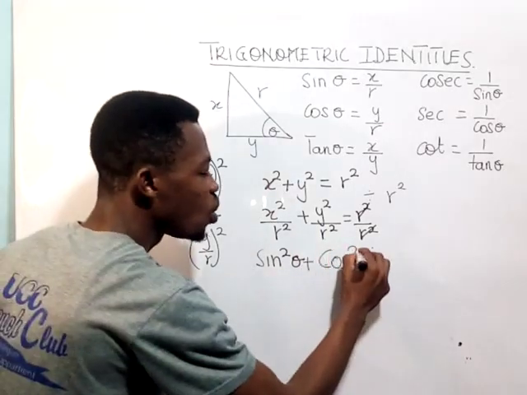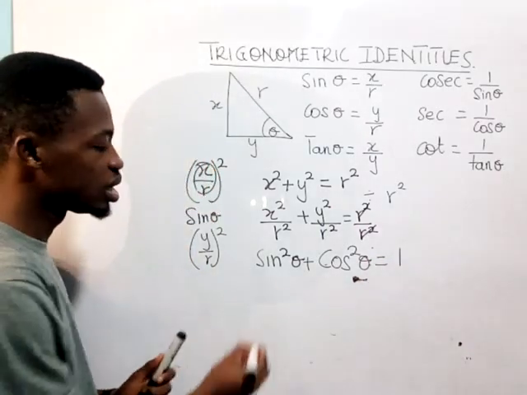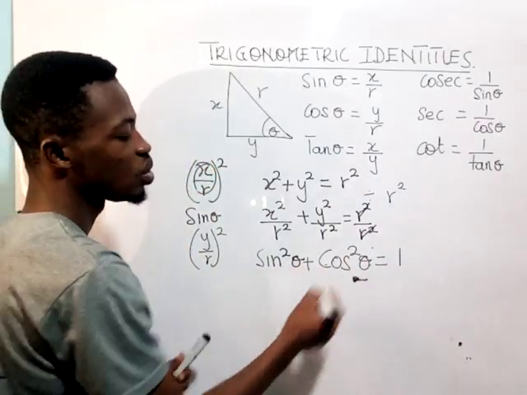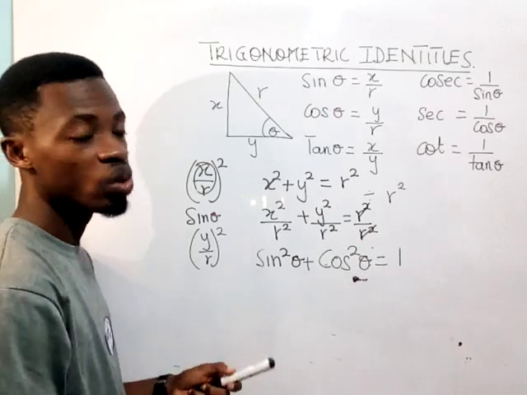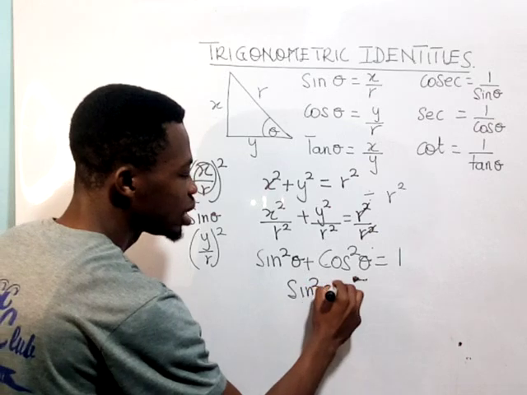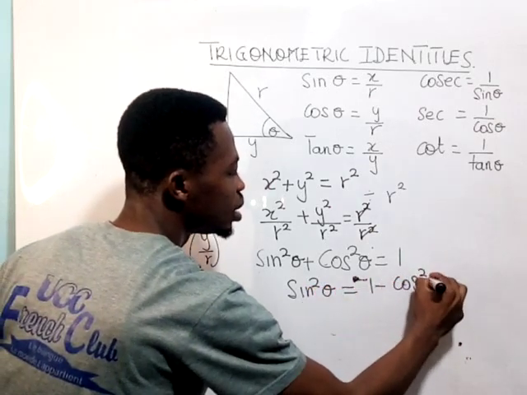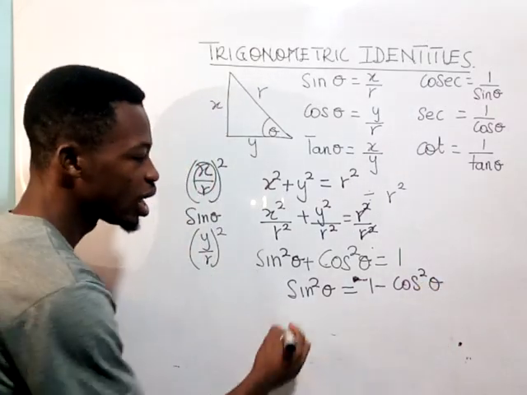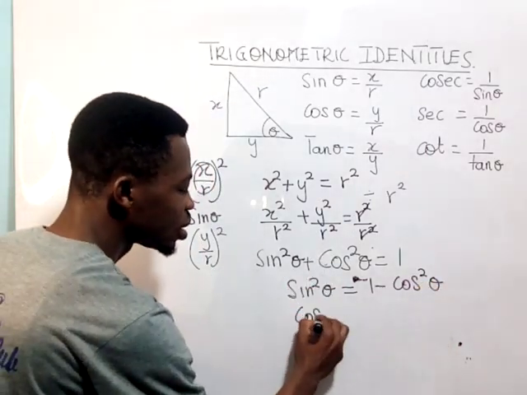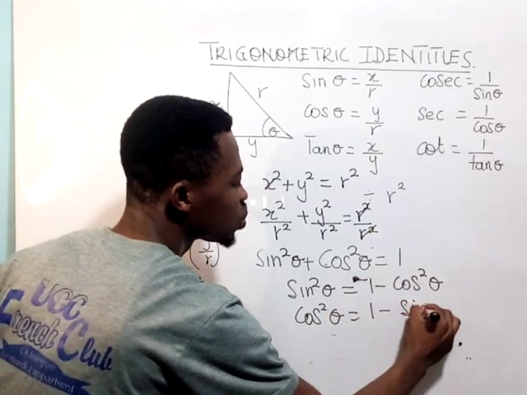So we have cos square theta is equal to 1, which means that sine square theta plus cos square theta is equal to 1. By extension, sine square theta is equal to 1 minus cos square theta. Or we can say cos square theta is equal to 1 minus sine square theta.